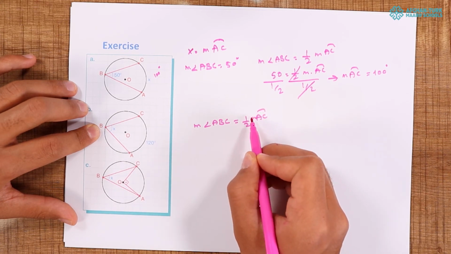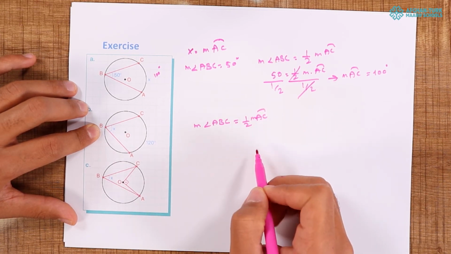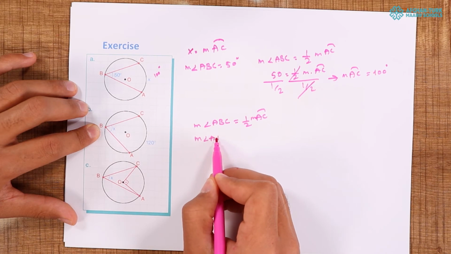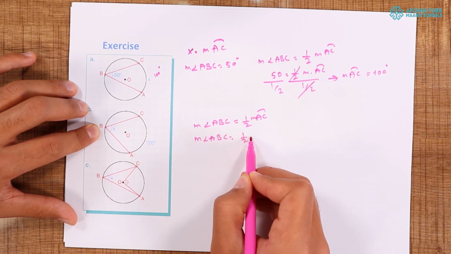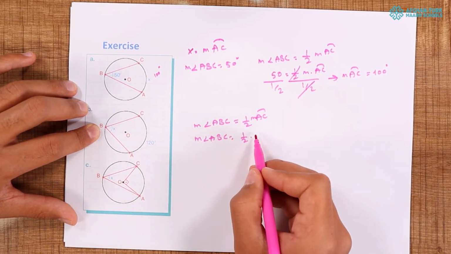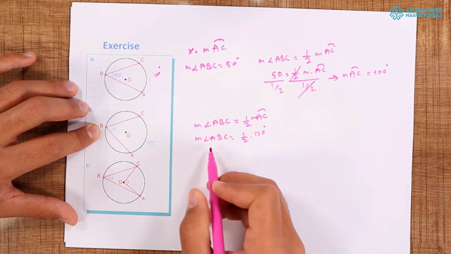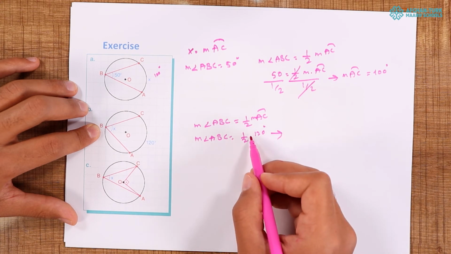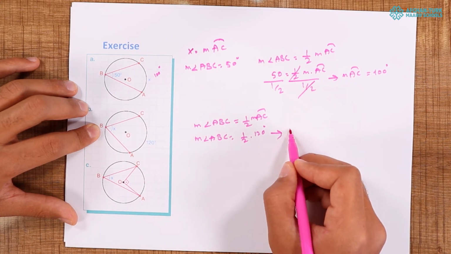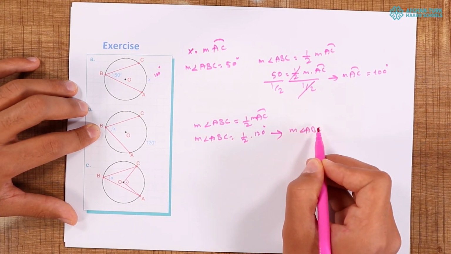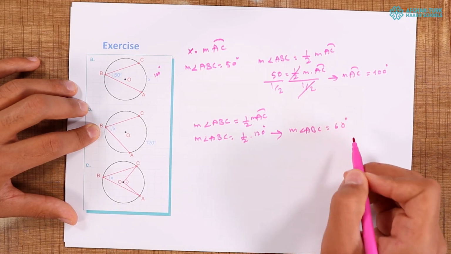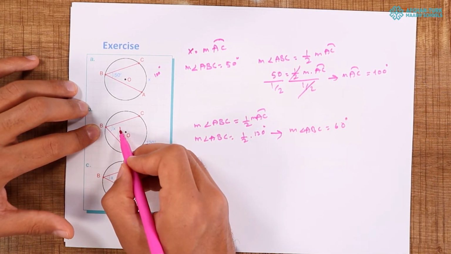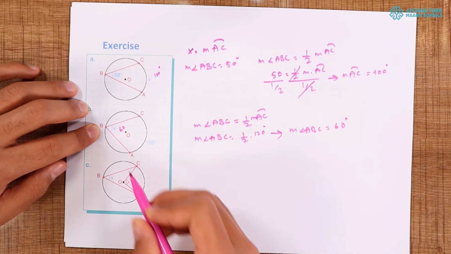The measure of AC is equal to 120 degrees. So 1/2 times 120, it means 120 divided by 2, is equal to 60. So the measure of ABC is equal to 60 degrees.